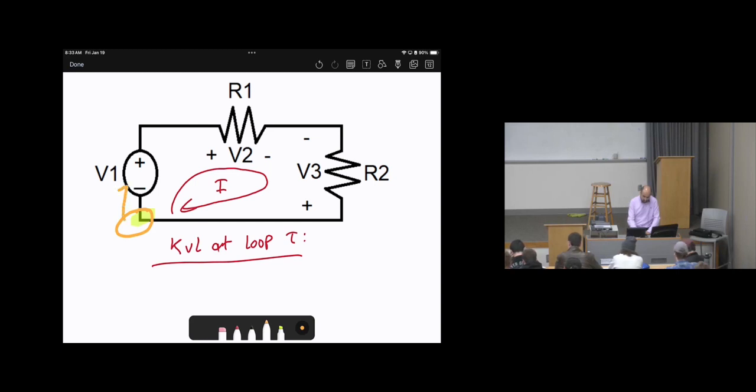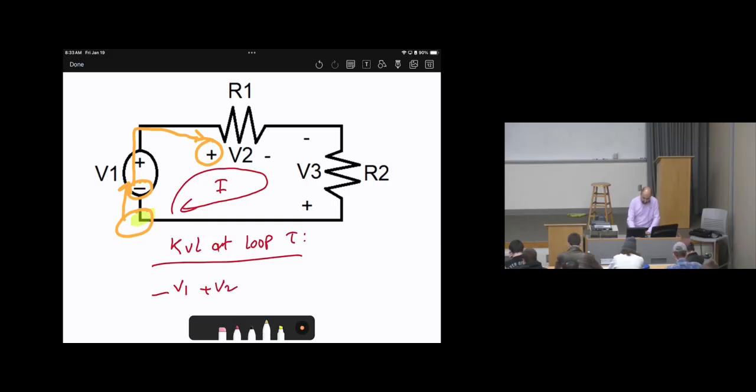I'm starting here. I hit the negative sign of the voltage, so I will write negative V1. Now I'm done with V1. Keep going. I hit the positive of V2, therefore I will write plus V2.